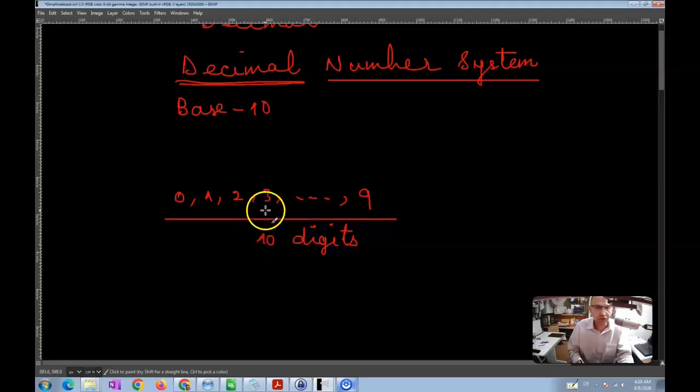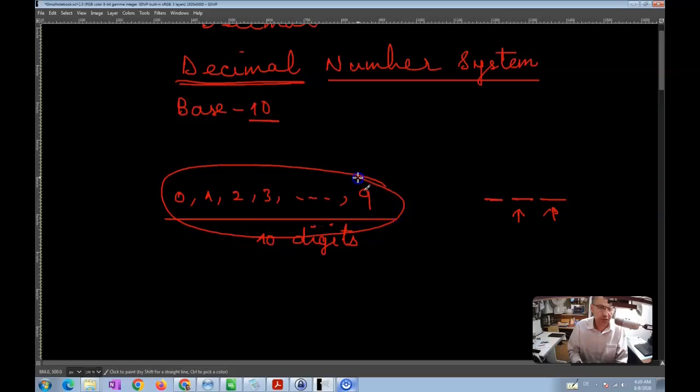So you can fill this place value with any of these 10 digits, and this place value with any of these digits, and so on and so forth. Because it's a base 10 number system, meaning you have 10 digits using which you can fill any of these place values, it has been called the decimal number system.